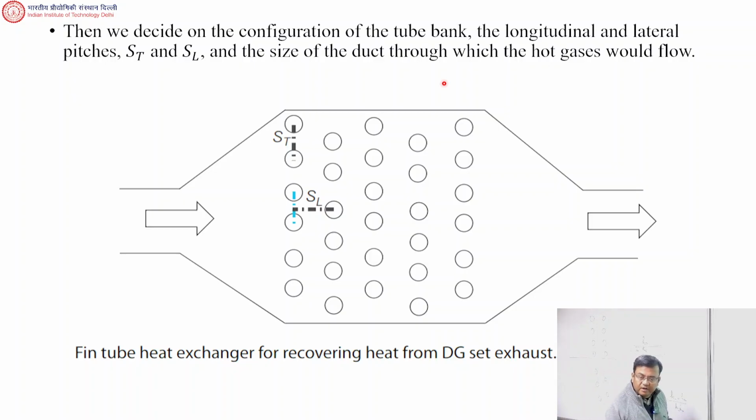Whereas in a staggered arrangement, this gas also has to encounter a tube. Here there can be a tendency of the gas bypassing the tubes. Here bypass is more difficult. It has to experience the presence of a tube. So that's why a staggered arrangement is sometimes preferred.